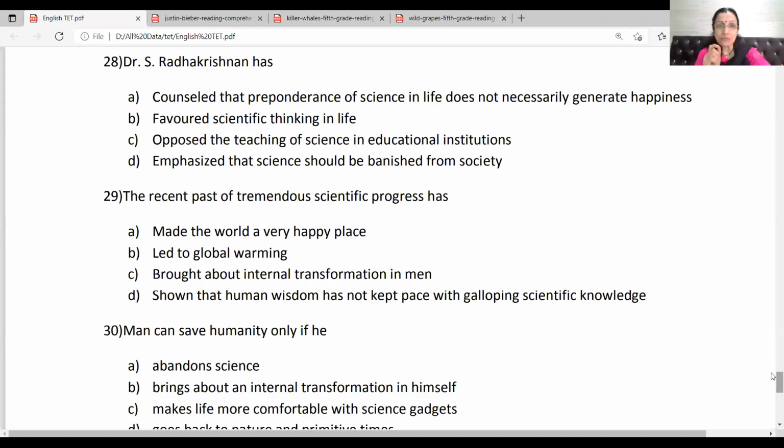Because somewhere he speaks about human wisdom. So human wisdom has not kept pace with the galloping scientific knowledge. Now this needs to be interpreted from the passage. It's not explicitly mentioned in the passage, but you have to interpret.